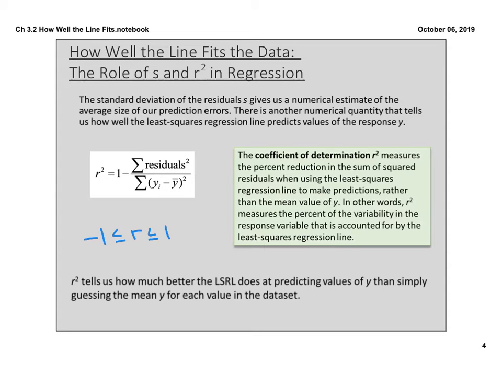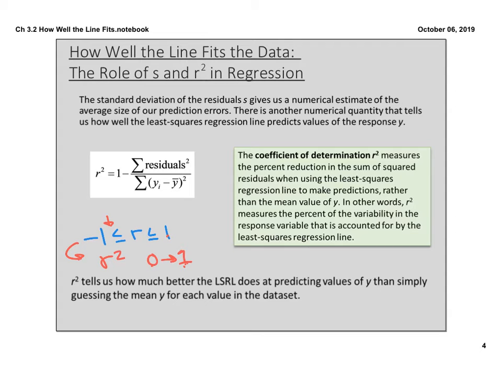So if you take any value between -1 and 1 and you square it, your R squared is going to be from 0 to 1. Okay, so it's going to be some decimal between 0 and 1, because if you square the negative values on the left-hand side, a negative times a negative gives us a positive. -1 times -1 is +1. +1 times +1 is +1. So we're between 0 and 1.